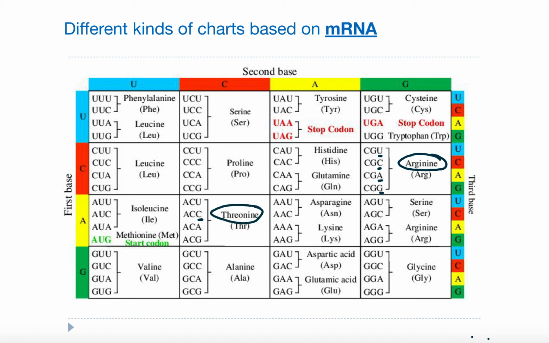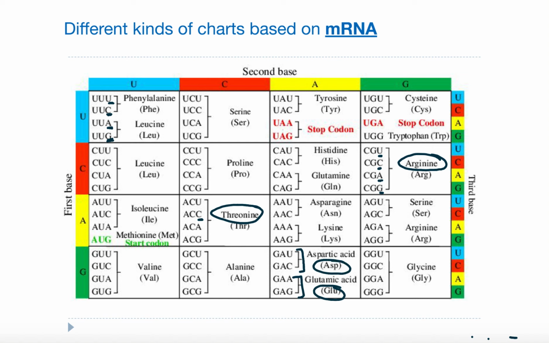For other ones, it does matter. For example, in a lot of these other ones, it can be one of two choices. But for the most part, oftentimes that last letter isn't as hypercritical. Also, you might notice a lot of the times, if the last letter is important, it's usually of the same ring structure, meaning it could be U or C, both pyrimidines, or it could be A and G, both purines, double rings, to determine whether it's glutamic acid or aspartic acid.